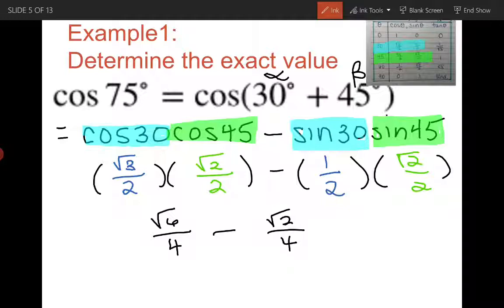My final answer should be one single fraction: the square root of 6 minus the square root of 2 over 4. So therefore, the cosine of 75 degrees has an exact value of the square root of 6 minus square root of 2 over 4.